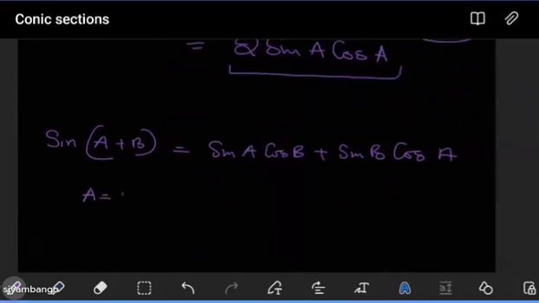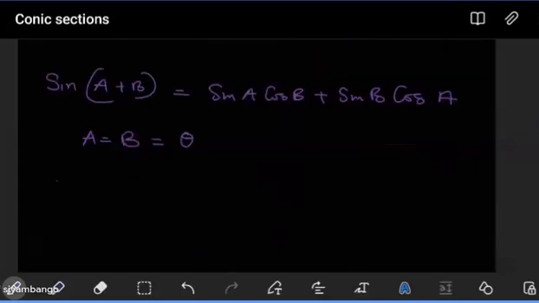Now, let's say A is equal to B, and let's say both A and B are equal to an angle theta. So what is A? I will put theta. Where there is B, I will also put theta. Theta plus theta can now be seen as just 2 theta. Are you okay with this part?